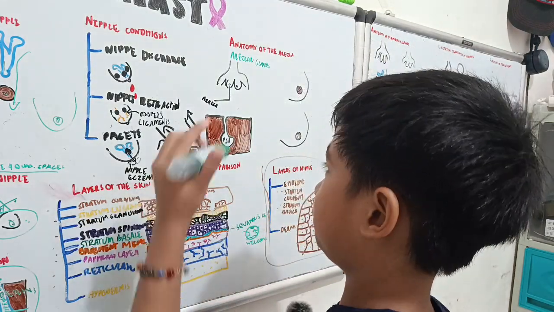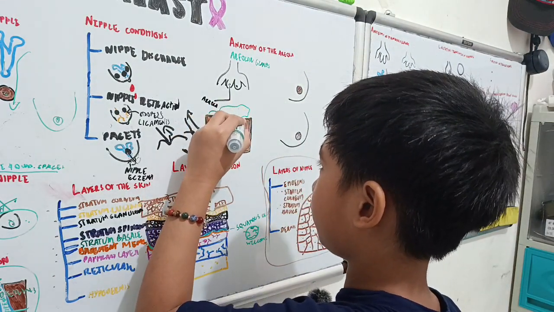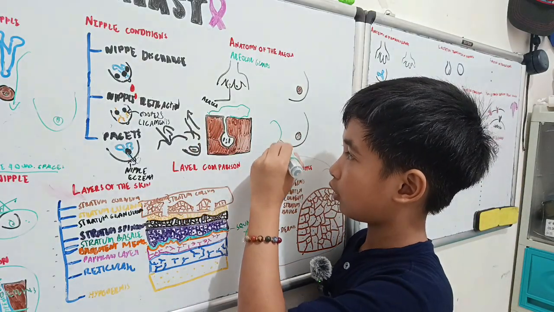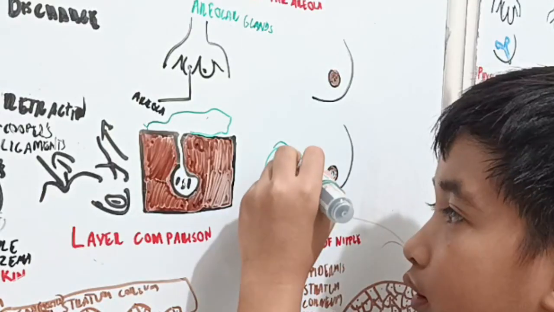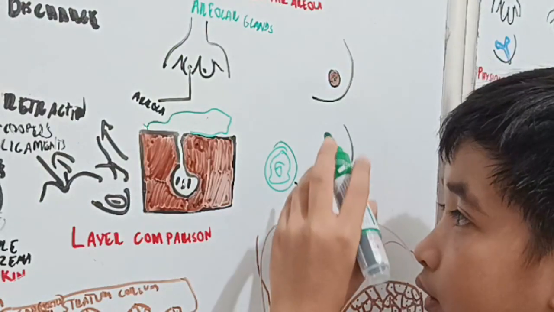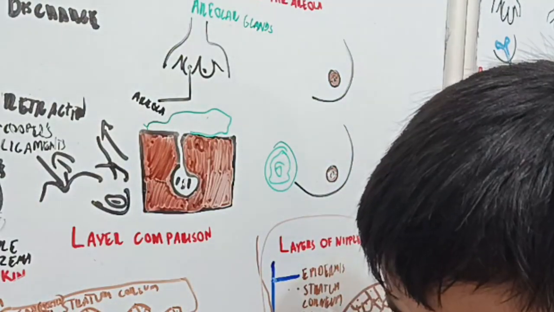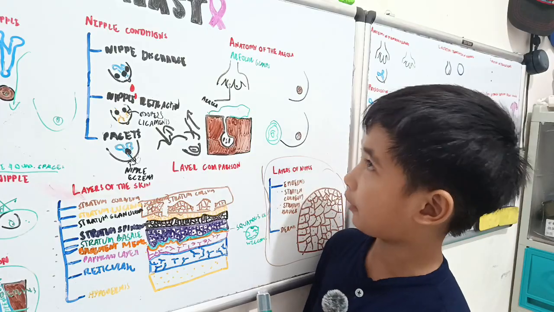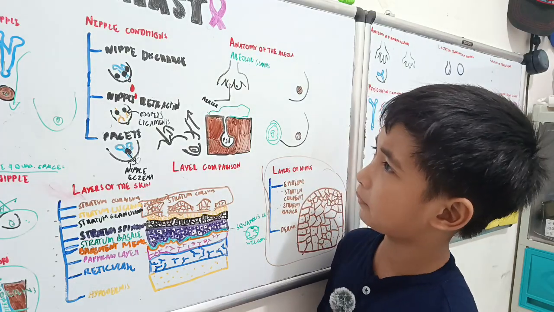What do they even do? That's the physiology. They make this lubricating liquid that covers the areola, which protects it when the baby is suckling at the nipple.